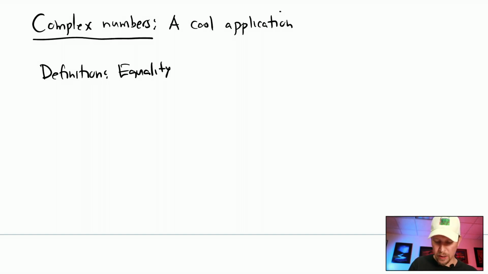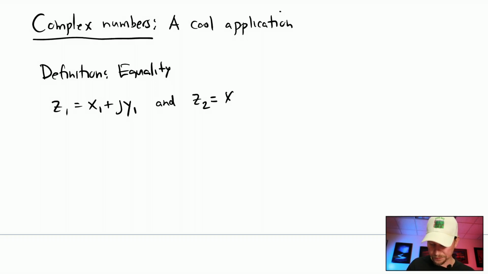So suppose that you have two complex numbers, z1, which has the Cartesian coordinates x1, y1, and z2, which has the Cartesian coordinates x2, y2. And they can have polar coordinates as well, but Cartesian is enough.